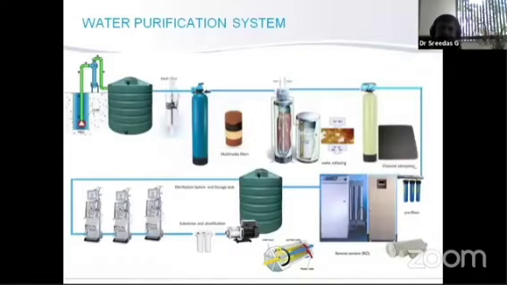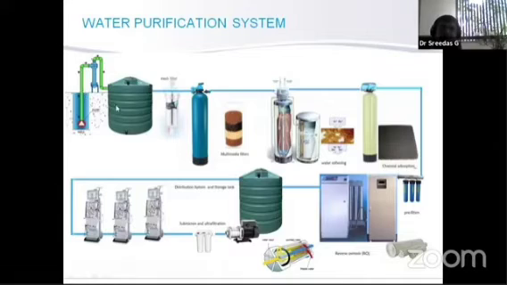So this is the RO plant, the water treatment unit, which is there in all our dialysis units, and the DPs should be very familiar with all the components of the water treatment unit.